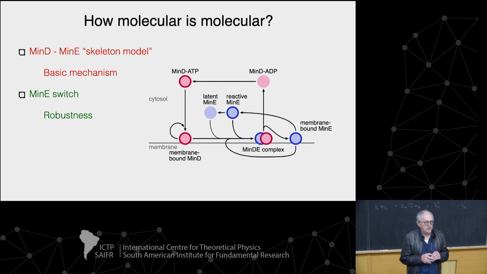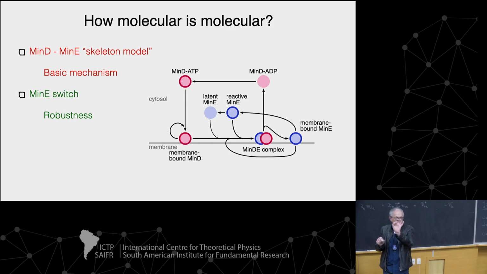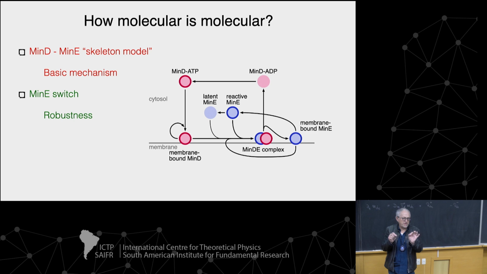You can vary it quite a bit, not over huge ranges. Okay, but that's your tuning parameter. The tuning parameter is what fraction of the MinE proteins remains persistent and what fraction goes back. Perfect. That's the modeling parameter, and as a function of the fraction remaining, you can tune the wavelength. Adjust it a bit, okay.